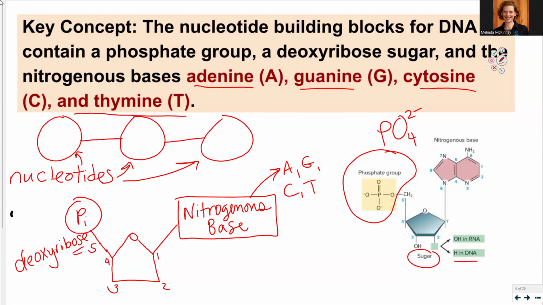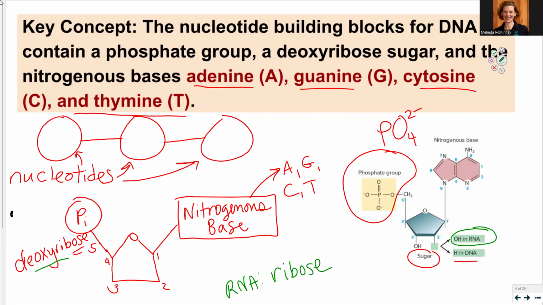In the case of RNA, which we'll get to, the difference is that instead of deoxyribose, the sugar is called ribose, so it's simpler. And that's shown over here.